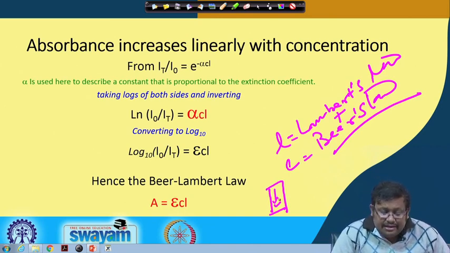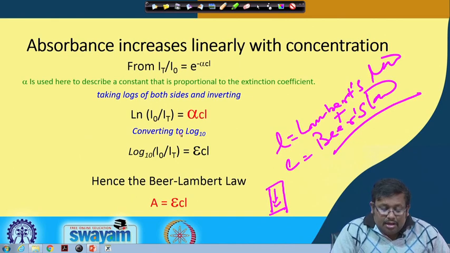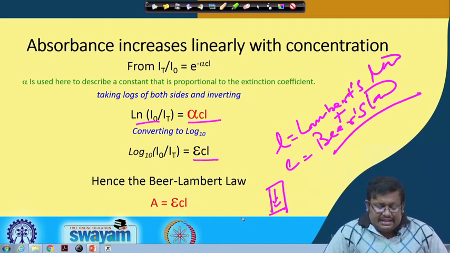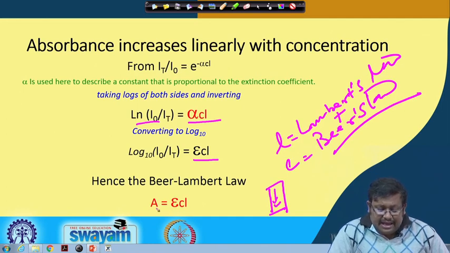So you can see here we are taking the log of I0 by IT, and then it is alpha CL, and converting it to log 10 we get eta and then CL. So the Beer-Lambert law says that absorbance A will be proportional to the concentration and length.